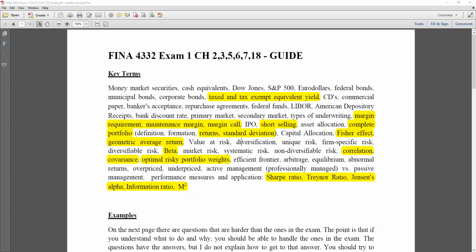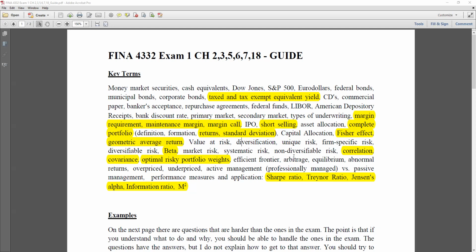Now let's talk about beta, correlation, and covariance. Those three go together hand in hand, to include standard deviation. The reason I say that is that we had the formula for correlation based on covariance and standard deviation, or the formula for beta that uses covariance and variance, etc. The point is that they're all somewhat connected.